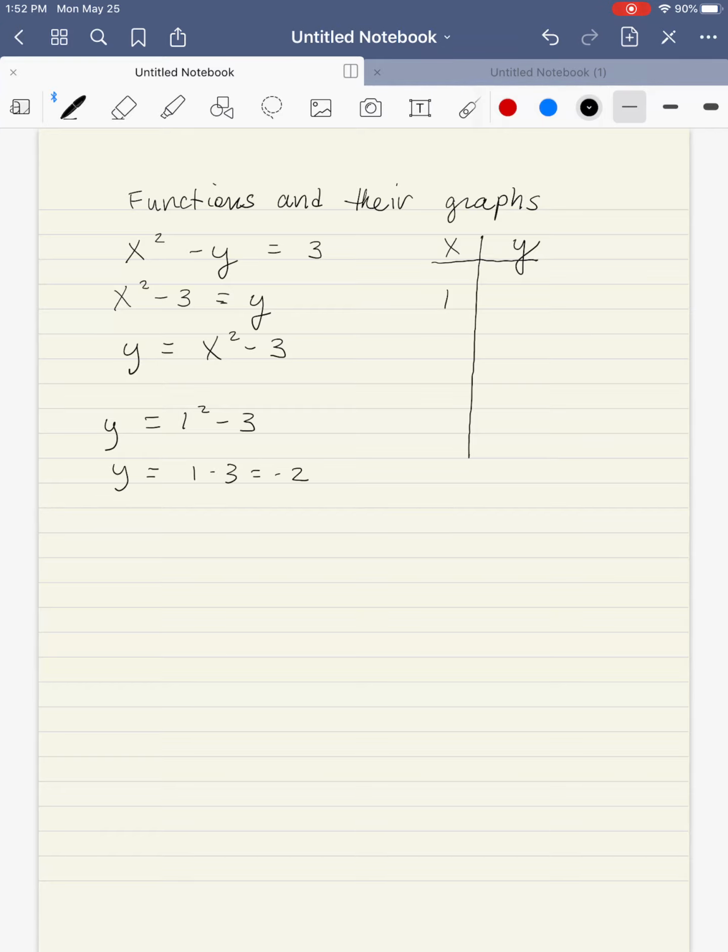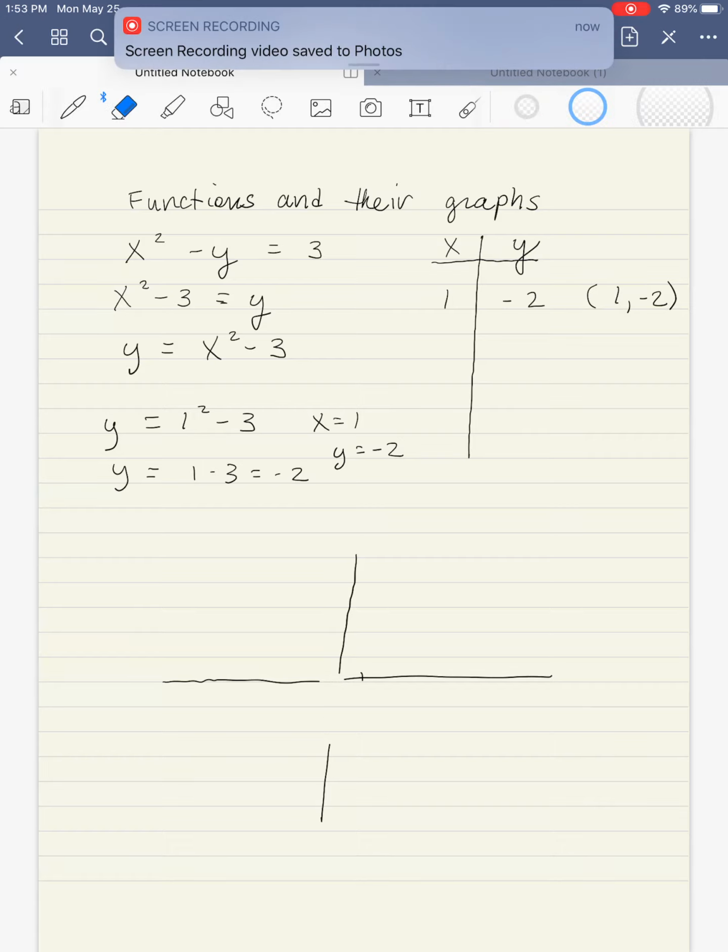So when x is equal to 1, y is equal to negative 2, and I get 1, negative 2. That's the same thing as the ordered pair 1, negative 2 on a coordinate system. So let's go ahead and plot that ordered pair 1, negative 2.